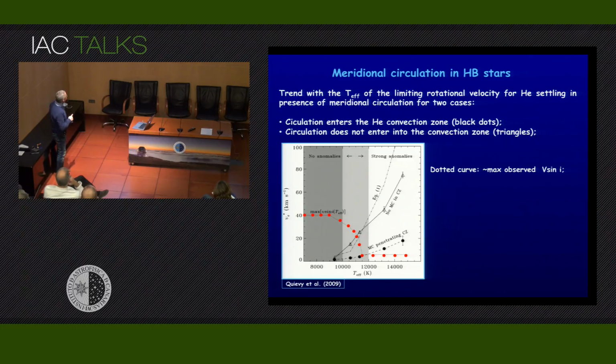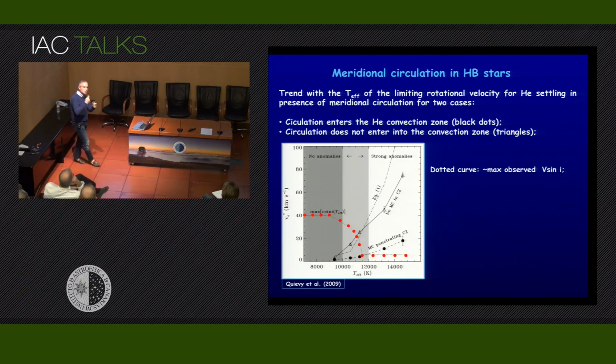The red dots correspond to the empirical measurement, in the sense that cool horizontal branch stars rotate with an average velocity around 20 km per second, and hotter stars practically do not rotate. The different lines correspond to, okay, they assume that the stars are rotating without taking care of why they rotate, okay? And what they study is the impact of meridional circulation.